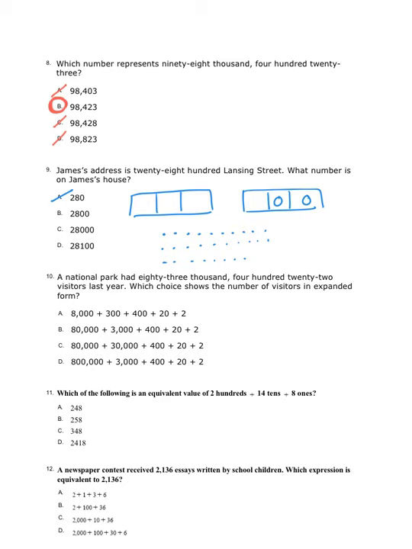So some of those are going to have to become thousands. Well, I know it takes 10 hundreds to make 1,000. So I'll have 1,000, 2,000. And I'll have 8 hundreds left over to go in the hundreds place. So the number would be 2800, which is letter B.